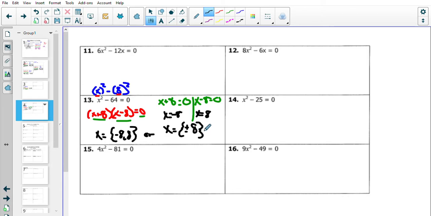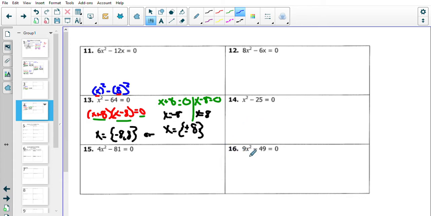Either way is correct. Doesn't matter which way you write it, but they are saying the same thing. Positive and negative 8. Why don't you go ahead and do number 16 for me? You go ahead and do number 16, pause the video, and when you're all ready for that, then continue on with the video.